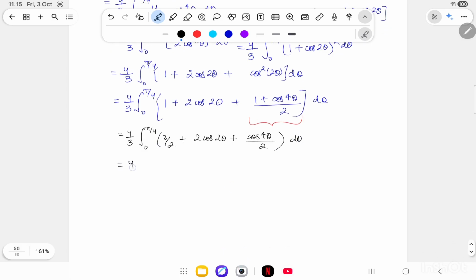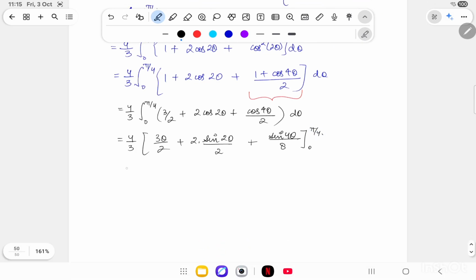So that simplifies to 4 by 3 times [3 theta by 2 plus 2 into sin 2 theta by 2 plus sin 4 theta by 8] from 0 to pi by 4.